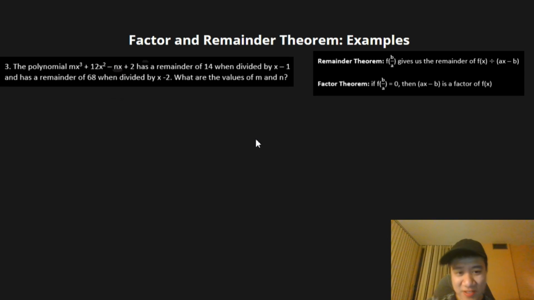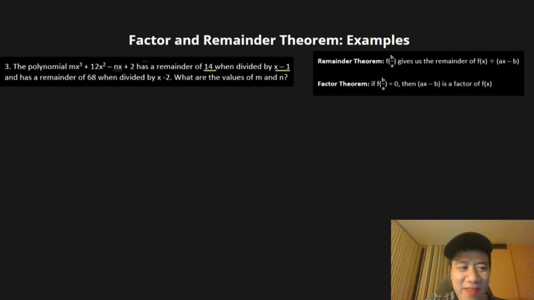So you might be wondering what we can do here, but we'll start off with what we know based upon the remainder theorem and factor theorem. The first thing we know is that when we divide by x minus 1, we get a remainder of 14.